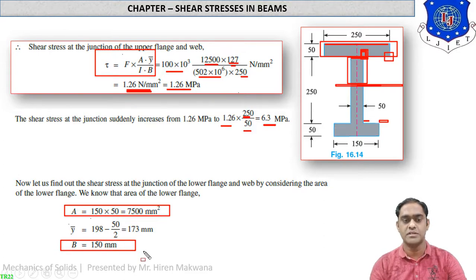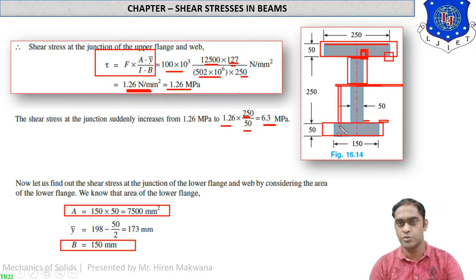So I am just repeating this numerical. You can see A is equal to 150 into 50 for this rectangle. Y bar will be 198 minus 50 by 2, means from this layer to the CG of this layer. Okay, below the CG. This is the distance, which is 198, means y bar, minus 50 by 2, means this distance, which is subtracted, so the answer is 173, and the width is 150 only.